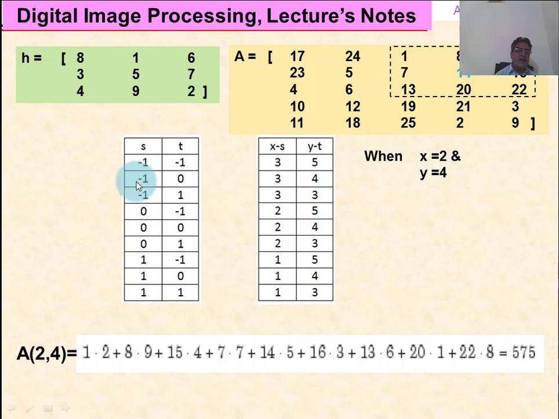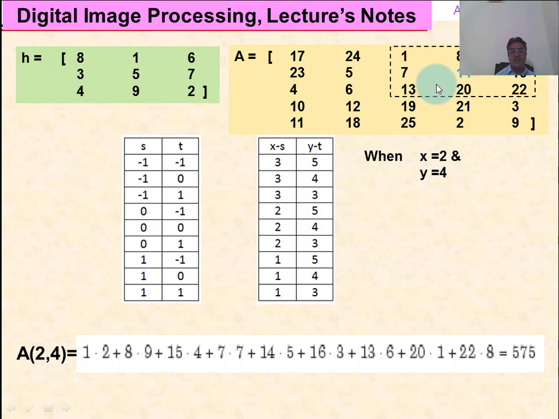Next, minus 1 and 0. This will be the coordinate value, and when we put it here, x is 2, y is 4, then s is minus 1, minus minus 1 is plus 1, and 2 plus 1 will become 3, and y minus t, because t is 0, 4 minus 0 will become 4, the 3, 4 location.